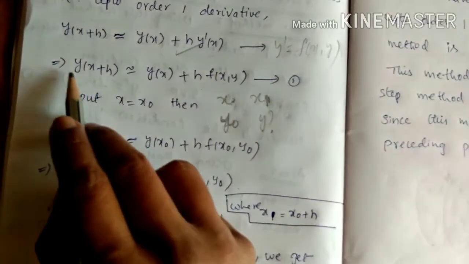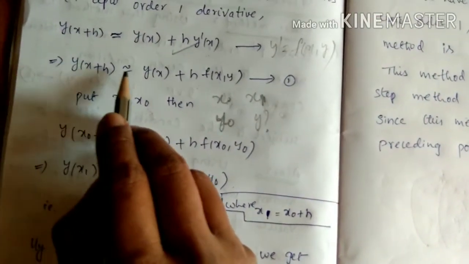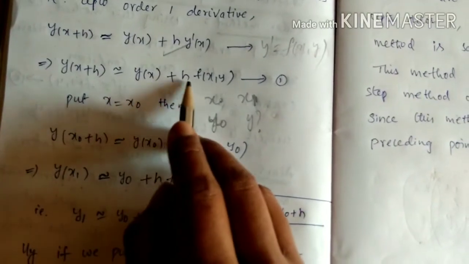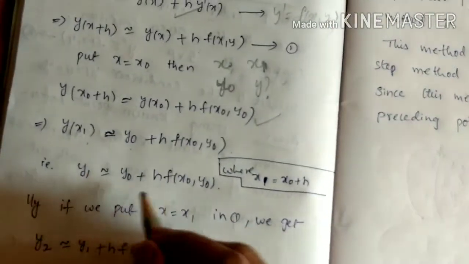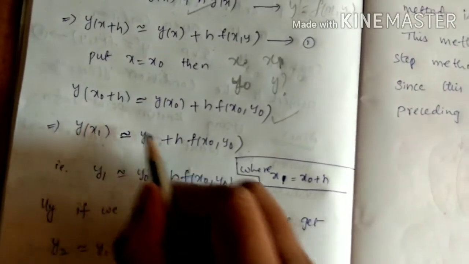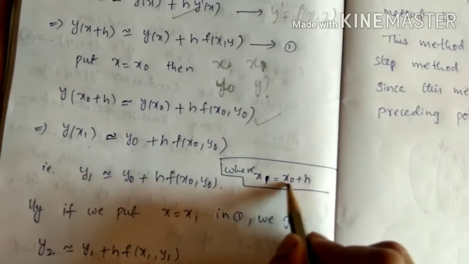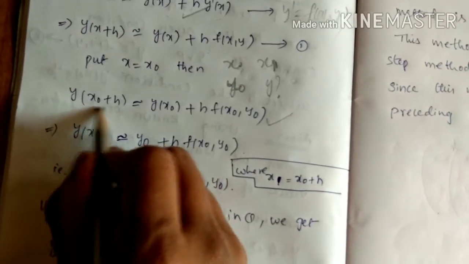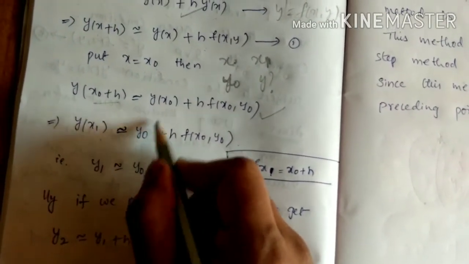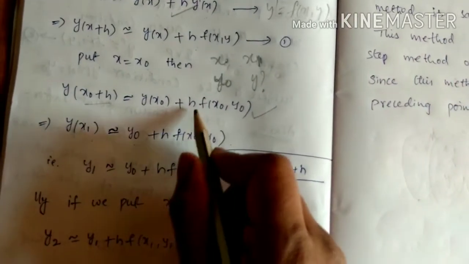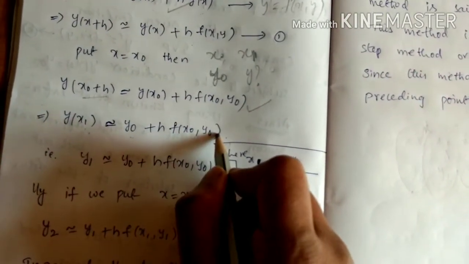Then we will get that y of x naught plus h is approximately equal to y of x naught plus h f of x naught, y naught. Now we are taking x1 equal to x naught plus h, so that this is going to be y of x1, which is approximately close to y naught plus h f of x naught, y naught.